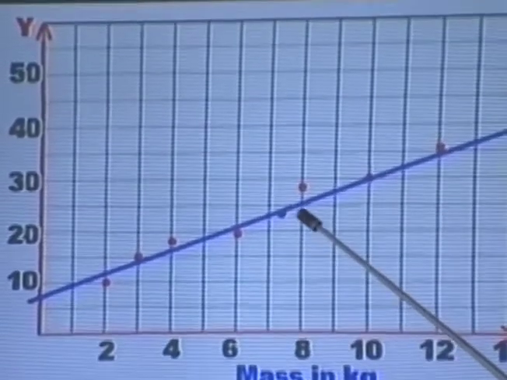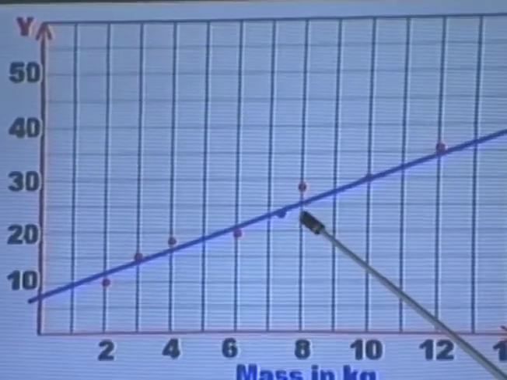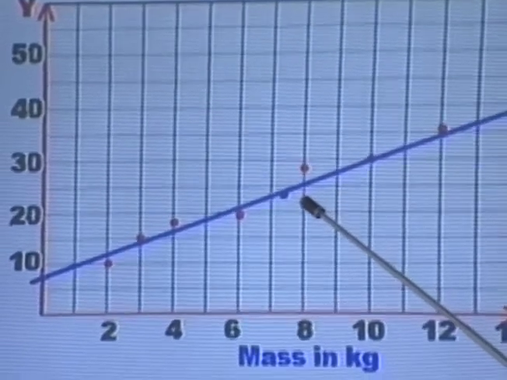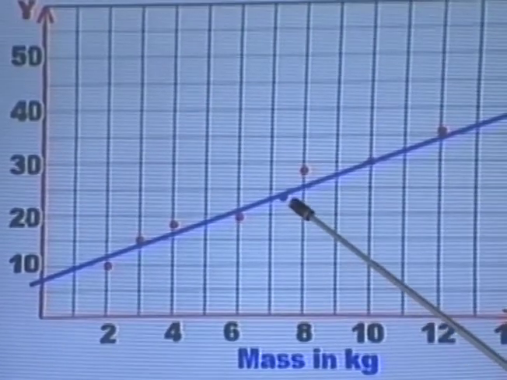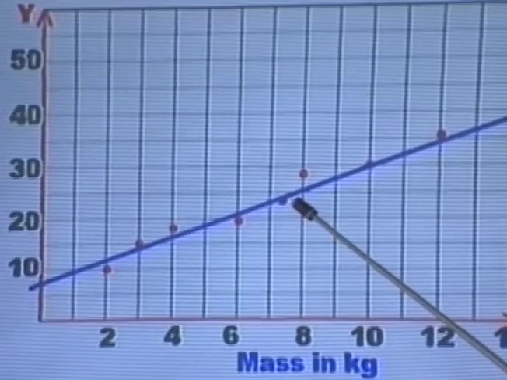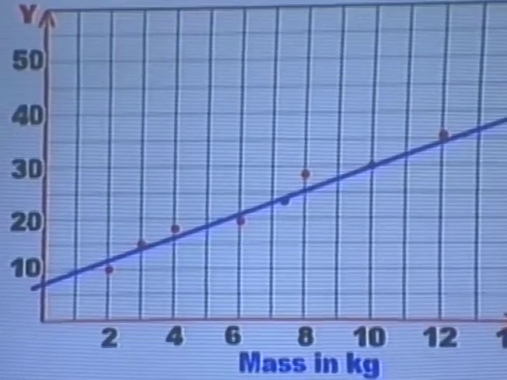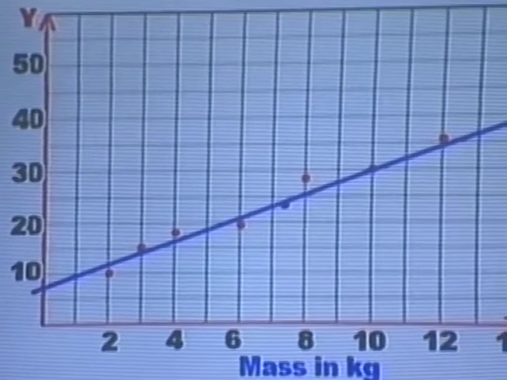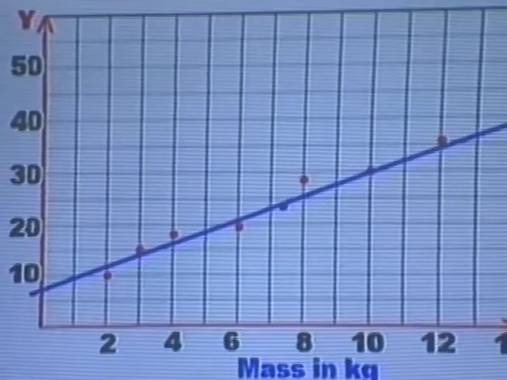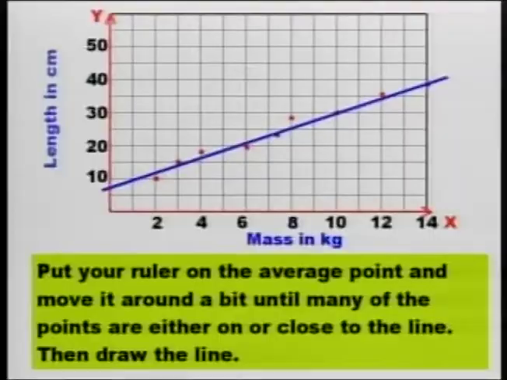Now, in science, they probably don't calculate the average point, but in maths, it's a must that the average point is calculated. It makes it easy for us to find the equation of the line. So I put here, put your ruler on the average point and move it around a bit until many of the points are either on or close to the line. Then you draw the line.